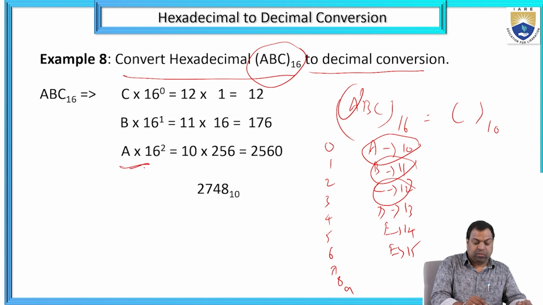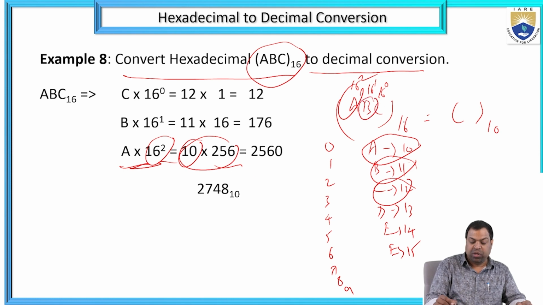So A equals 10 into 16 square, with 16 power 0, 16 power 1, 16 square. So A into 16 square is 10 into 256. B means 11, 11 into 16 power 1, that means 16, and C equals 12, so 12 into 16 power 0, equal to 1.